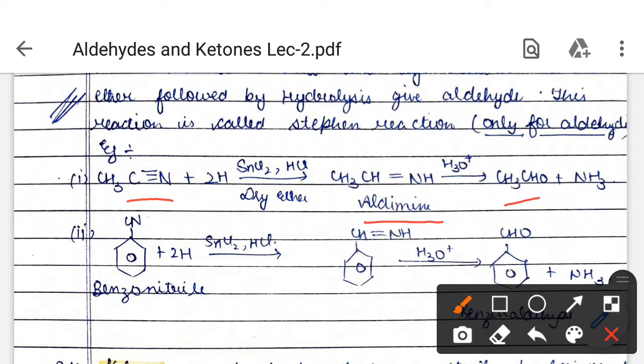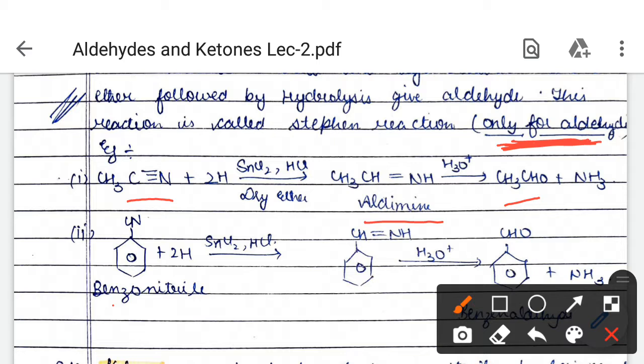So we get CH3CHO, acetaldehyde, that is, the nitrile is converted into an aldehyde group. So this reaction is Stephen reduction, and it is only used for aldehydes. It cannot be used for ketones.